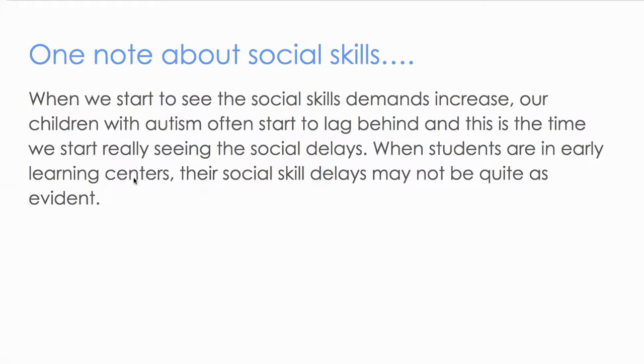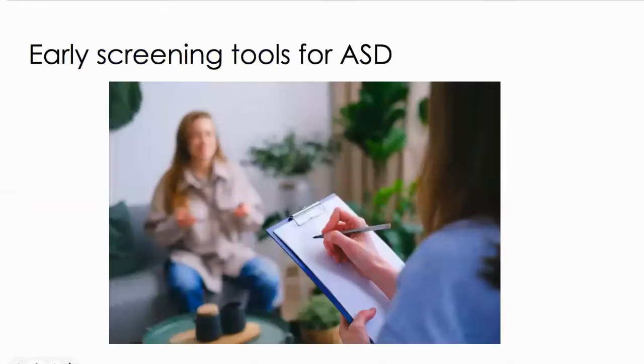I'm thinking daycare centers, even some early preschool centers. Their skill delays may not be quite as evident as when they start to get a little bit older. By 3rd, 4th grade, those social demands start really ramping up. So we want to detect autism as soon as possible for a variety of reasons, but also don't want our kids to start really having social challenges in those upper grades.